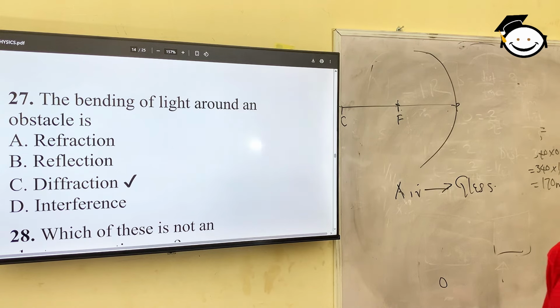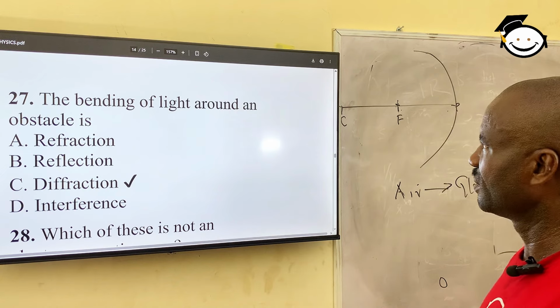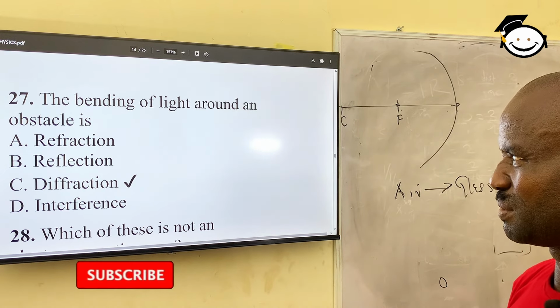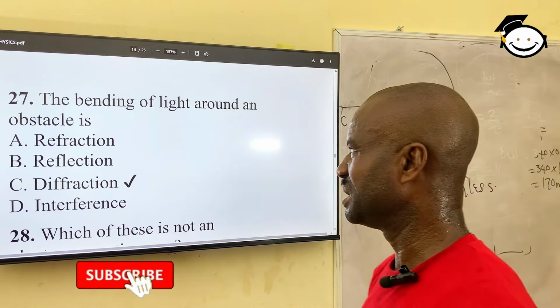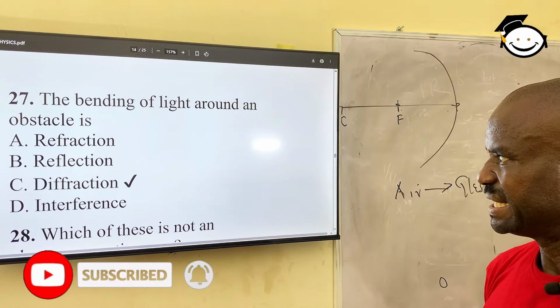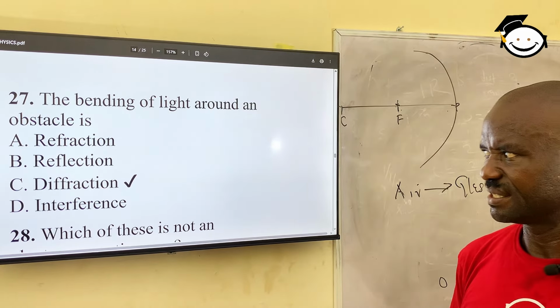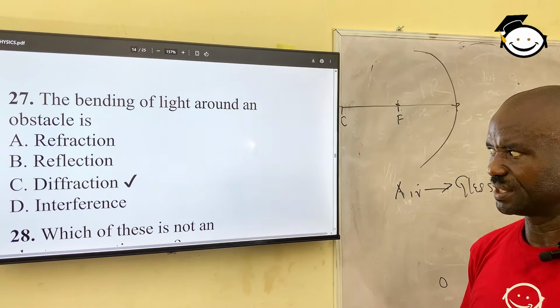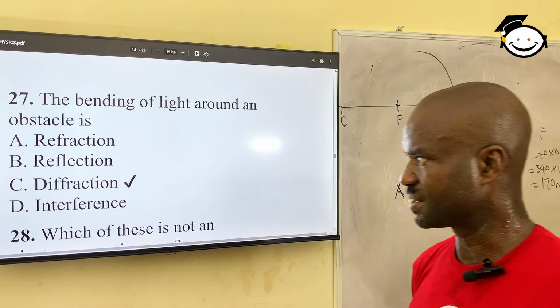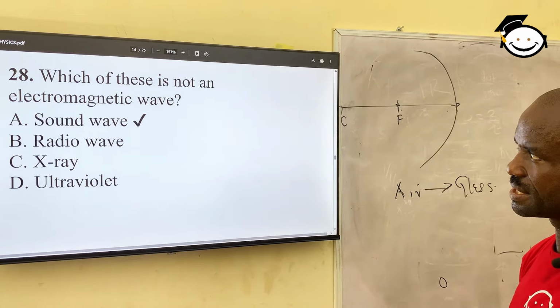Question 27. The bending of light around an obstacle is called refraction, reflection, diffraction, interference. The correct answer is diffraction. C. Question 28.